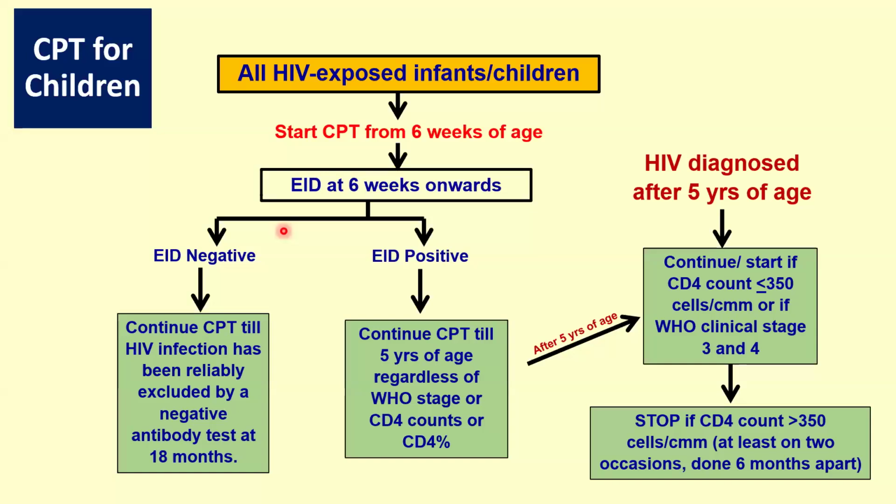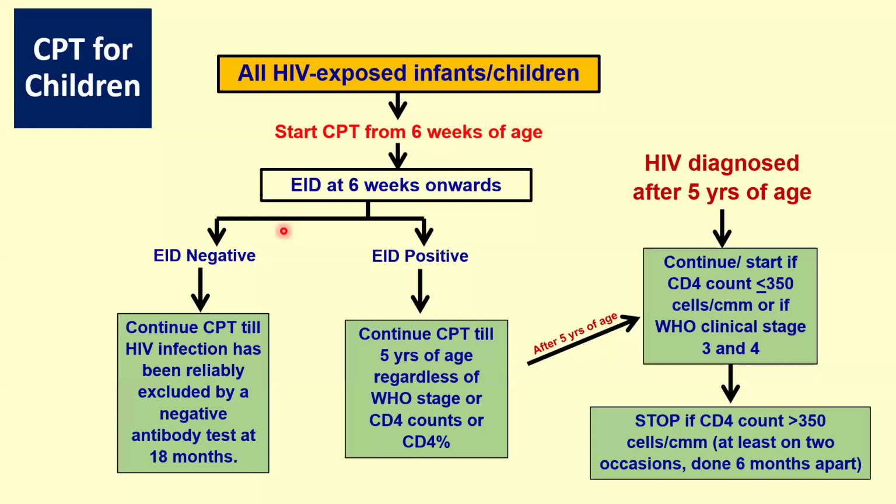If they are early infant diagnosis negative, you continue CPT till HIV infection has been reliably excluded by a negative antibody test at 18 months. If they are EID positive, you are going to continue their CPT till 5 years of age, regardless of WHO staging and CD4 count. After 5 years, or any child who is diagnosed after 5 years of age, look at their CD4 count, look at their clinical staging.